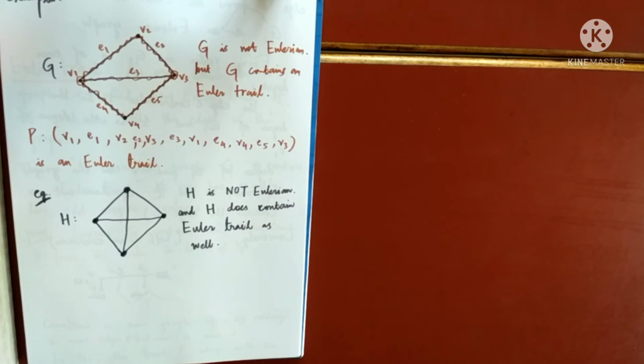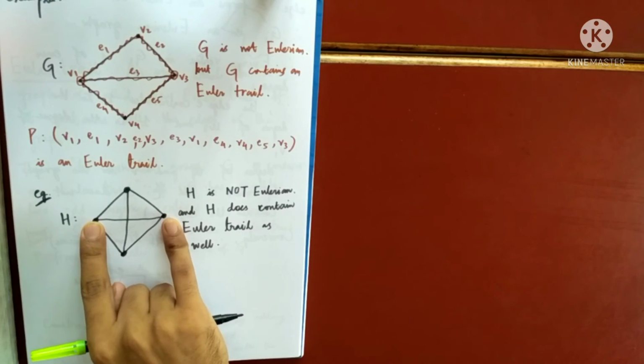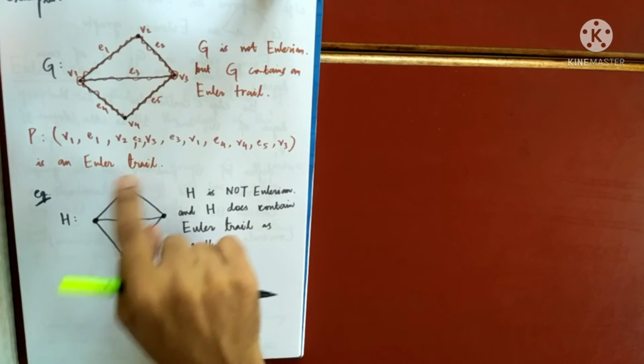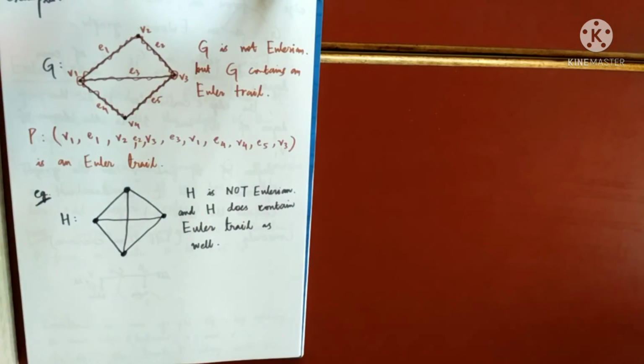Remember one thing, H will not contain an Euler trail, because to contain an Euler trail you must have exactly two odd degree vertices, but there are more than two odd degree vertices. So this will not even contain an Euler trail.